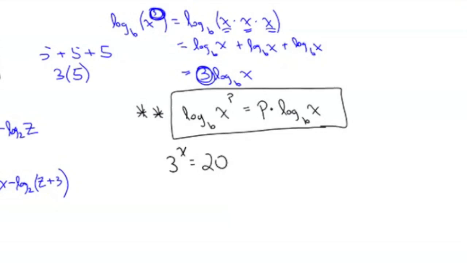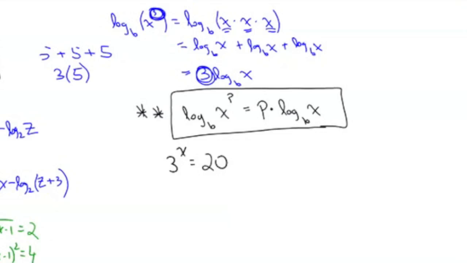Kind of like if you had the square root of x minus 1 is equal to 2. How did you solve this equation? You squared both sides, right? If you had x minus 1 all squared is equal to 4, what would you do to both sides? Square root it. You would apply a function to both sides of the equation.